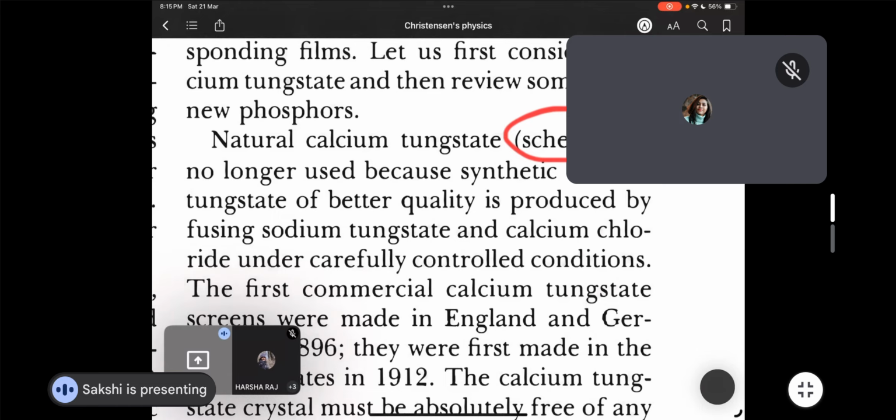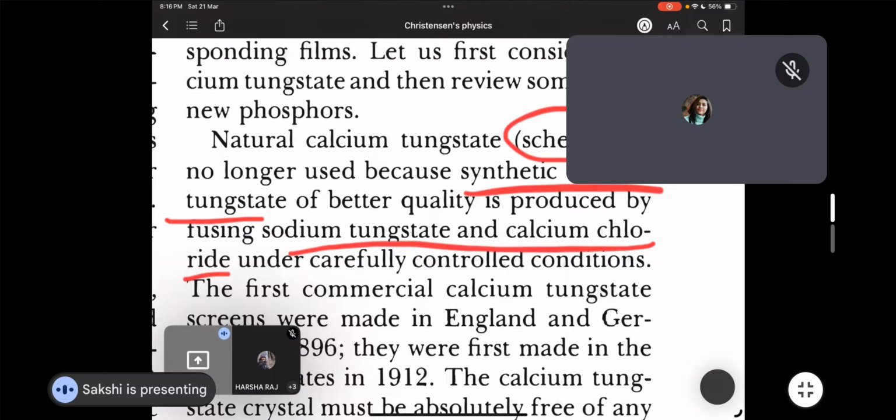Natural calcium tungstate equals scheelite. Then write down synthetic calcium tungstate. Synthetic calcium tungstate equals sodium tungstate plus calcium chloride.